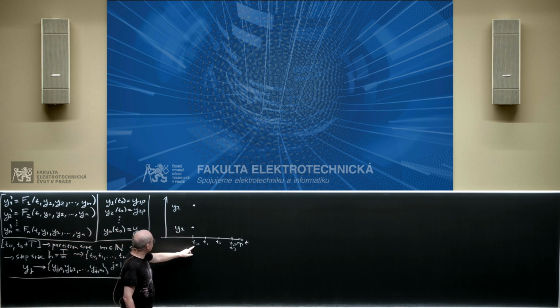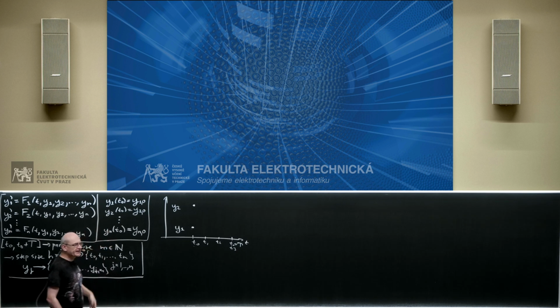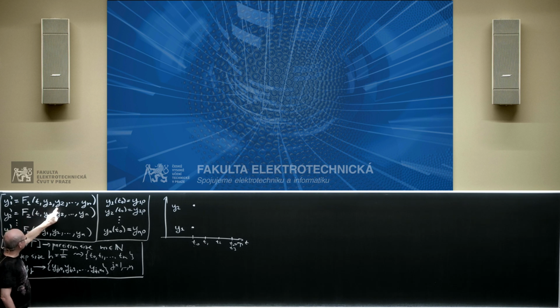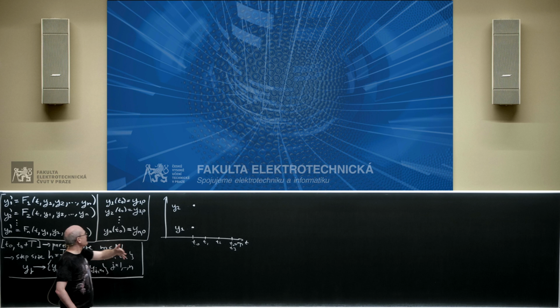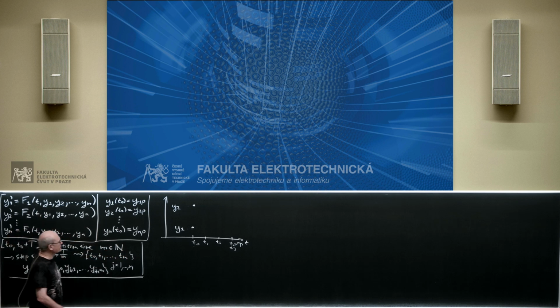So I'm sitting here at time t0, and I want to move from this point with my solution y1. I need to know the derivative. Where do I get it? The answer is from the differential equation. I need to know time, which is t0, I know it. And I need to know the values, the local values, the current values of my unknown functions. But I do, because I know y1, I know y2. So I get my slope, and I use it to move by a tangent line.